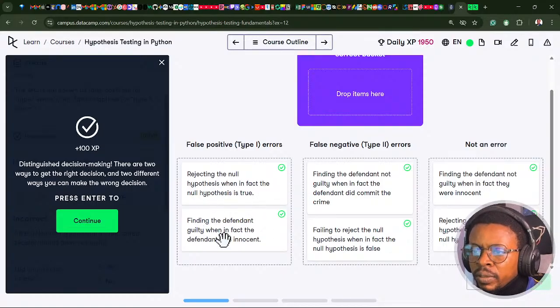Finding the defendant guilty when in fact the defendant was innocent. Those are false positives. False negative: finding the defendant not guilty when in fact the defendant did commit the crime. That's a false negative type 2 error.